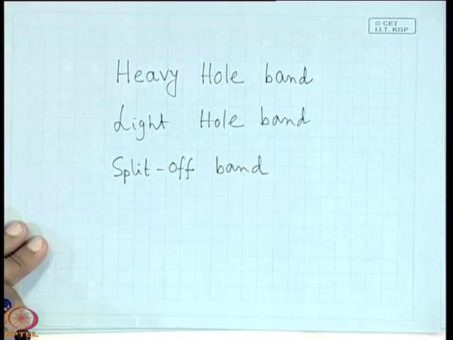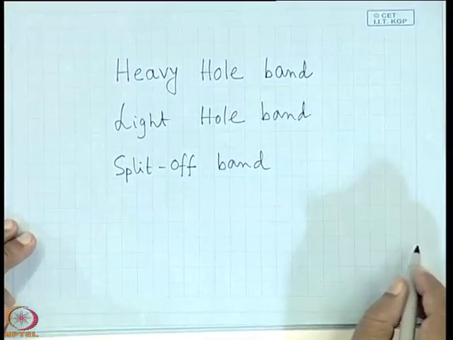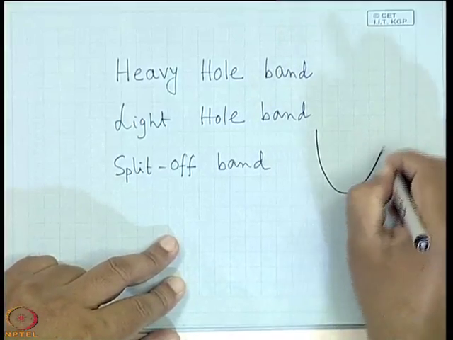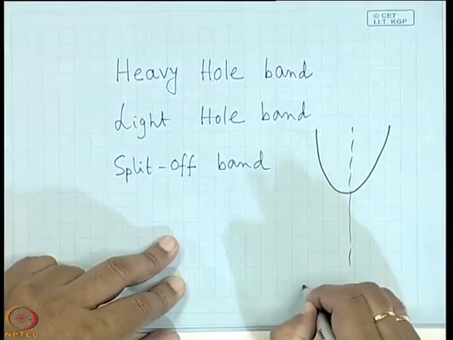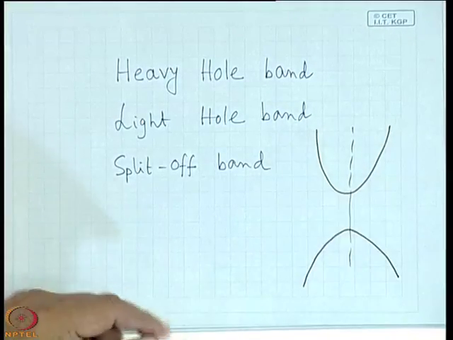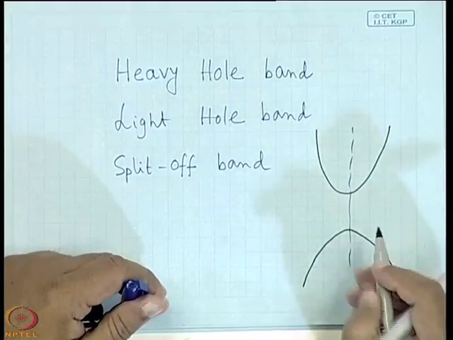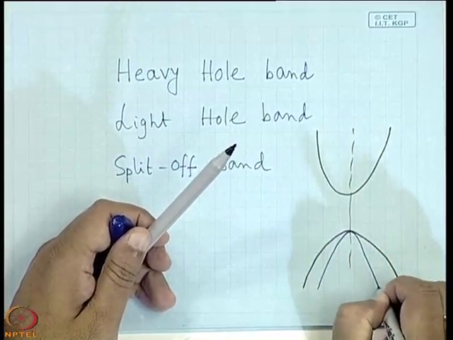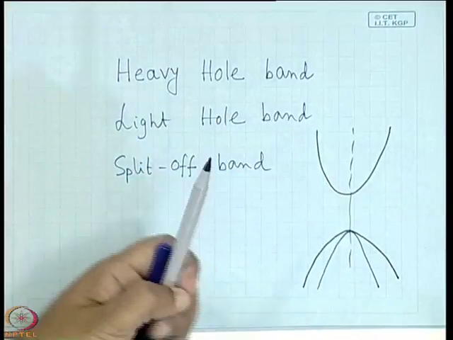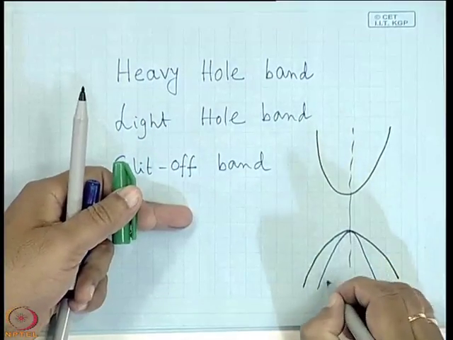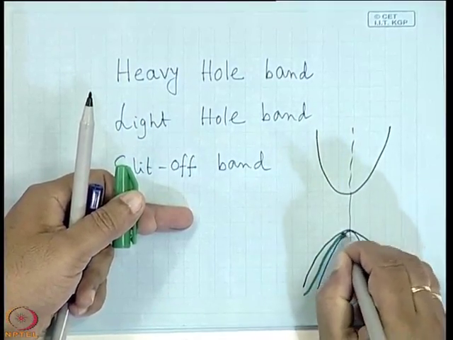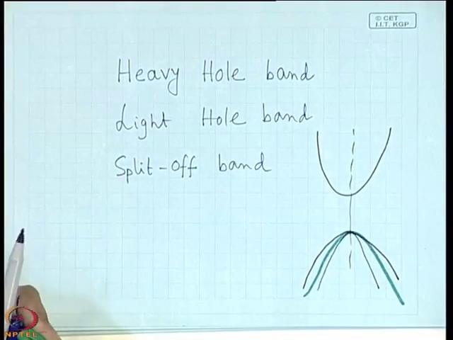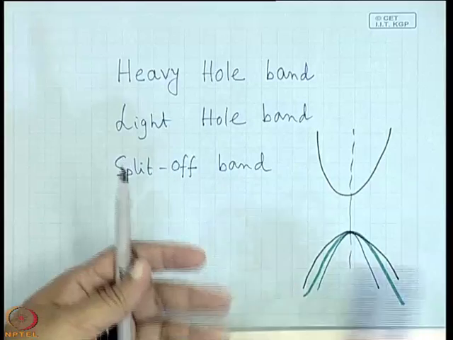Generally 3 bands are there. That means your structure will be like this: there will be 3 bands, one is heavy hole, another is light hole, third one is split off.